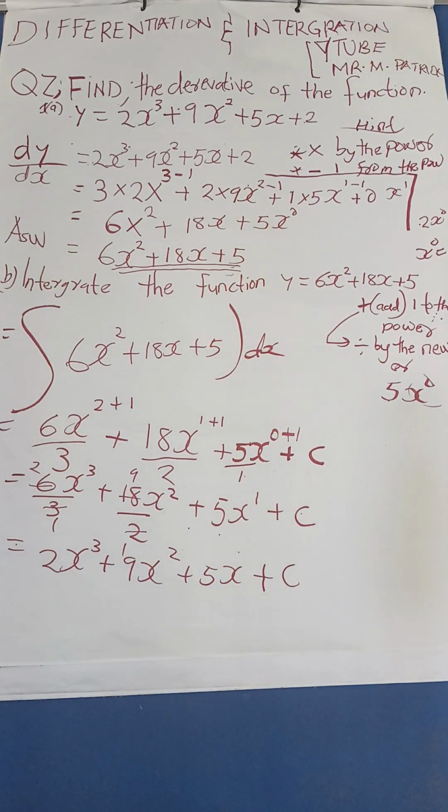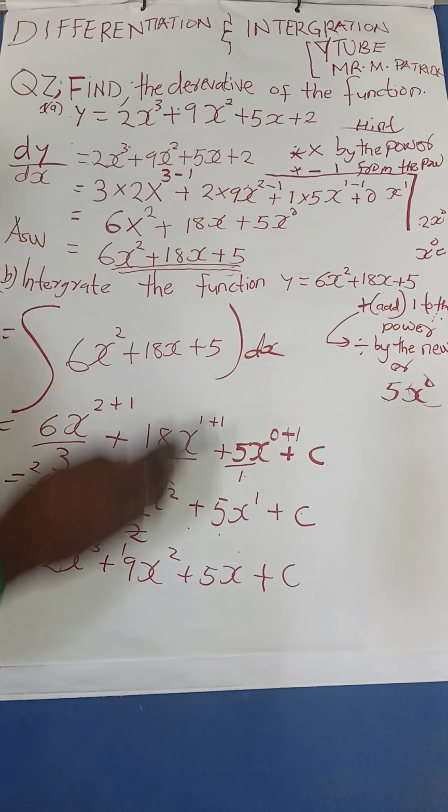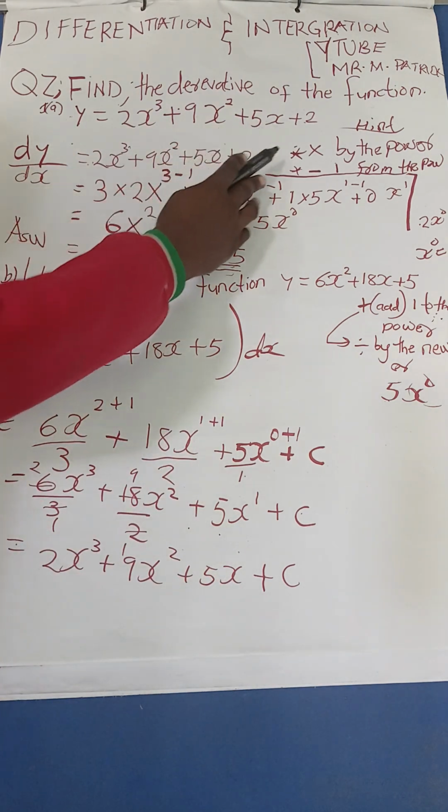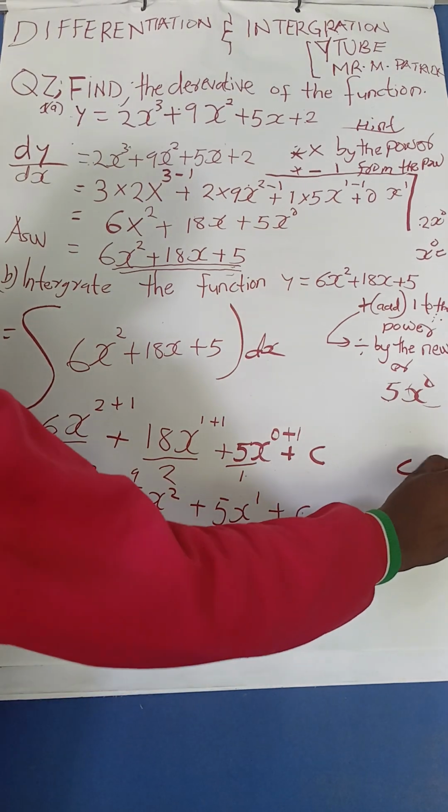Plus c. Good. Now you can see for yourself that we already have the function that we had at the beginning: 2x cubed plus 9x squared plus 5x, then plus 2, where I've said c is just equivalent to 2.